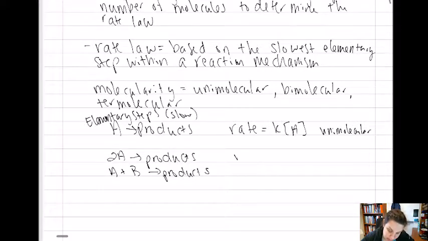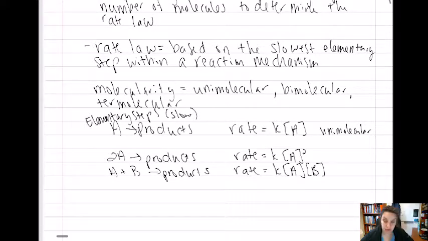We'd have rate is equal to Ka squared, or rate is equal to Ka B. So this would be a second order process, right? A unimolecular elementary step is a first order process. A bimolecular elementary step is a second order, and then termolecular, which we won't really see, would be a third order.